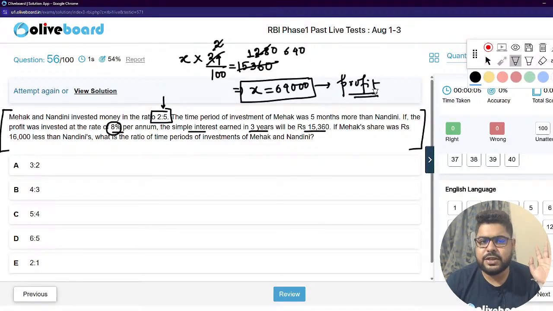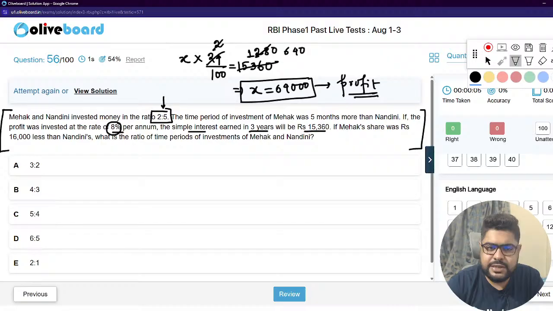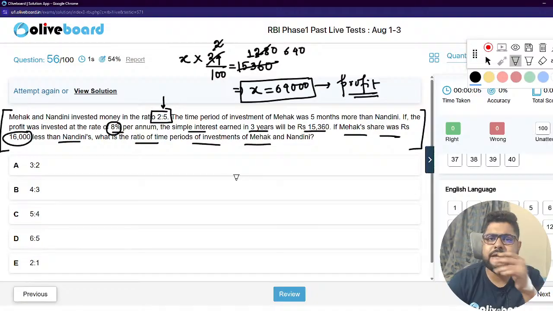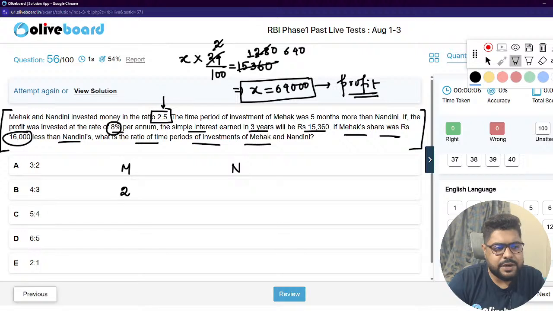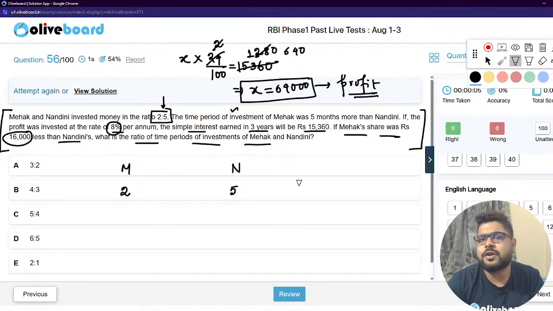First things first, we understood. Now, if Mehak's share is this much less than Nandini's, what is the ratio of time periods? Okay, time periods we don't know. But what do we know? Mehak and Nandini, their investment ratio is 2:5. And the time period of Mehak is 5 months more than that of Nandini.